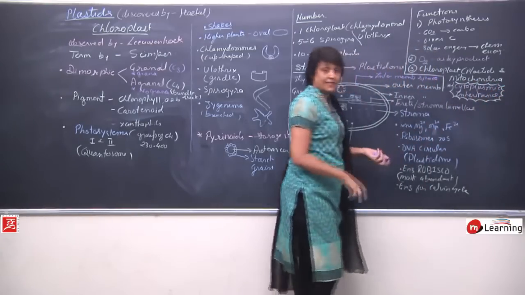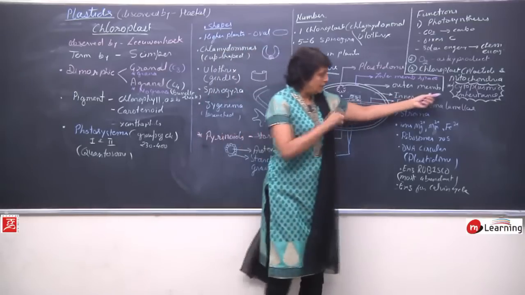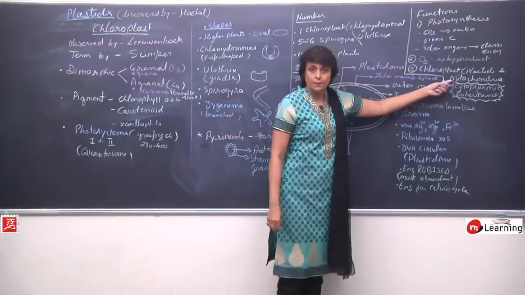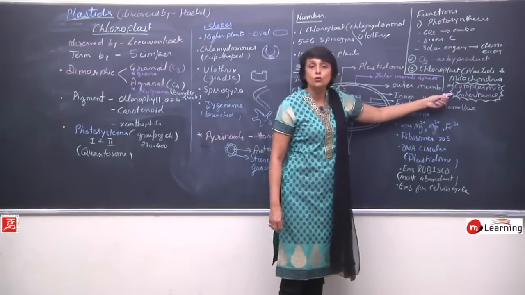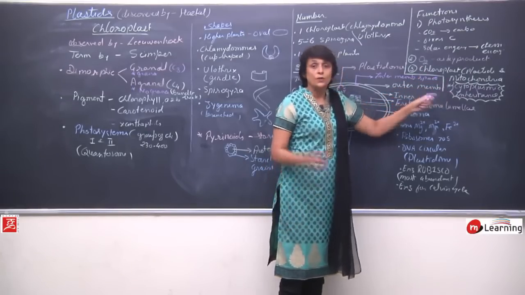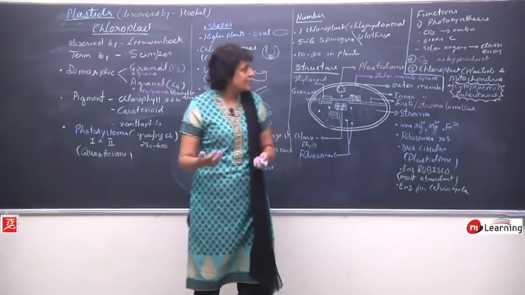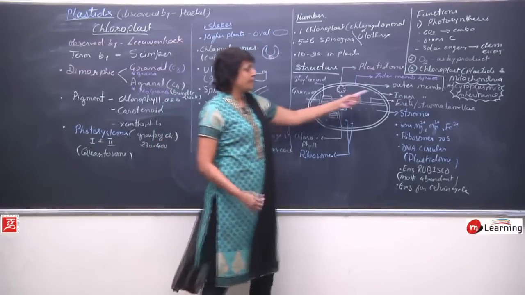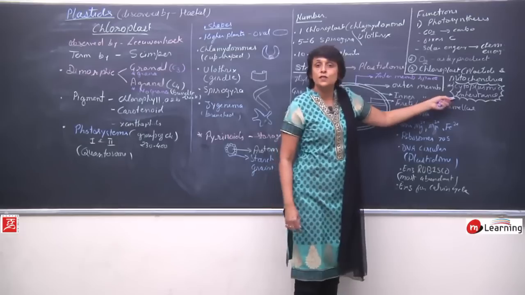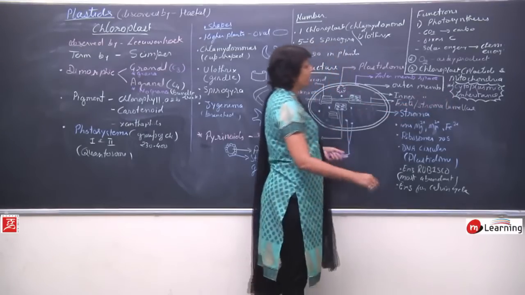So all plastids and mitochondria, because they are all semi-autonomous organelles, have their own genetic material. This genetic material is transferred to the next generation through eggs, because eggs carry the cytoplasm, and that is why this transfer of genetic material is known as cytoplasmic inheritance.